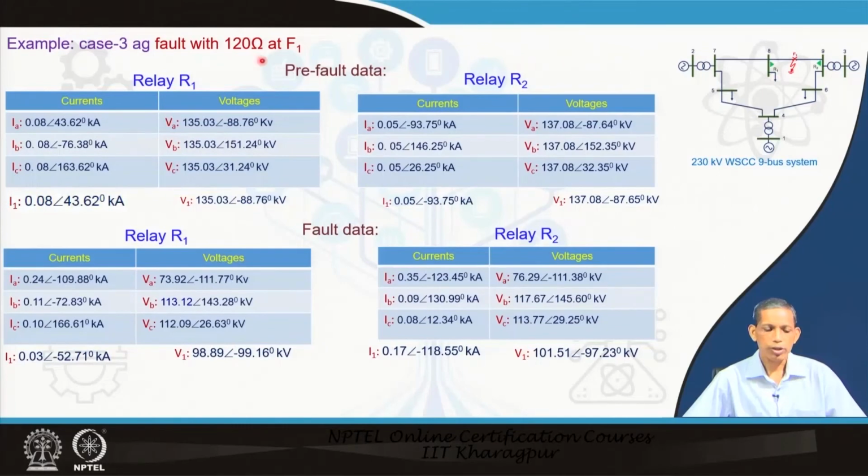With high fault resistance, 120 ohm case, as we have seen earlier also, using pre-fault data we find the I 1 and V 1 for both the relays, and fault data I 1 and V 1 for both the relays. This is the set of data available for the relay.